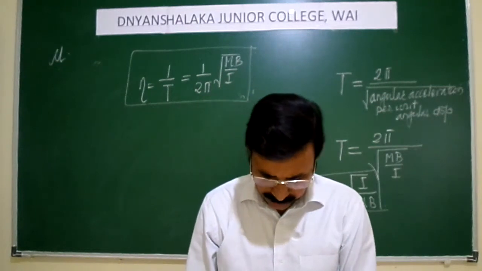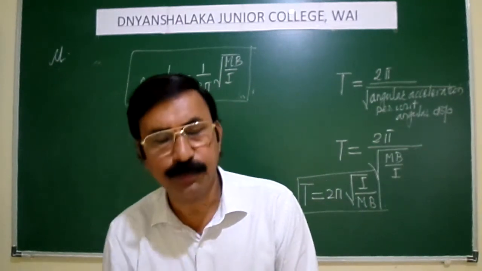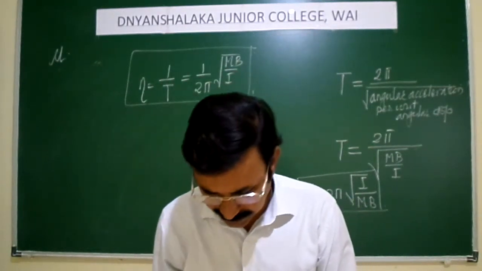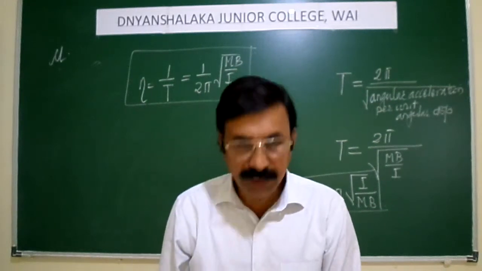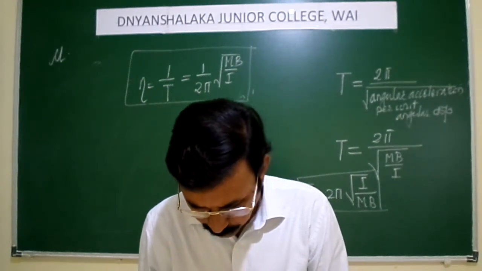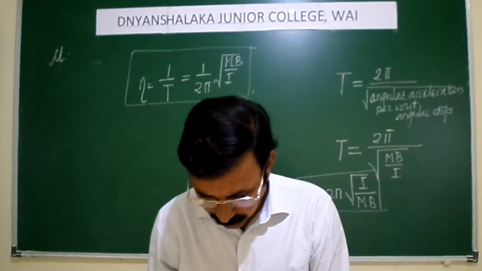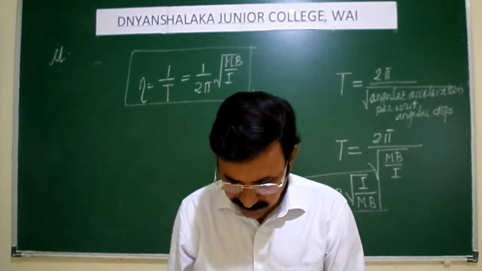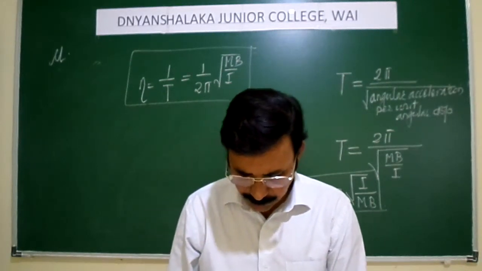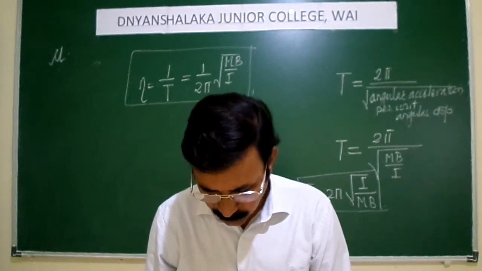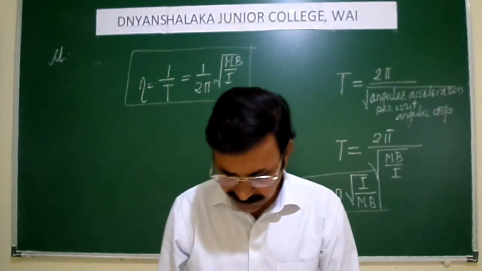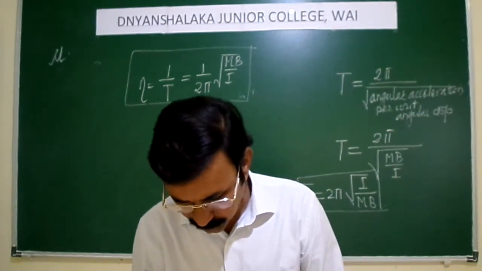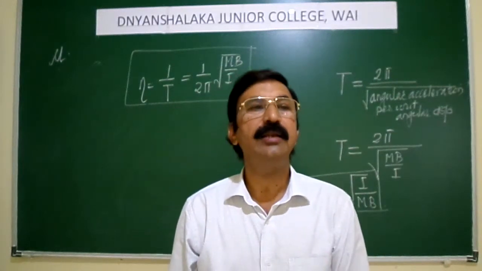And so the definition of angular simple harmonic motion is given as the oscillatory motion of a body in which the torque or angular acceleration is directly proportional to the angular displacement and its direction is opposite to that of angular displacement.